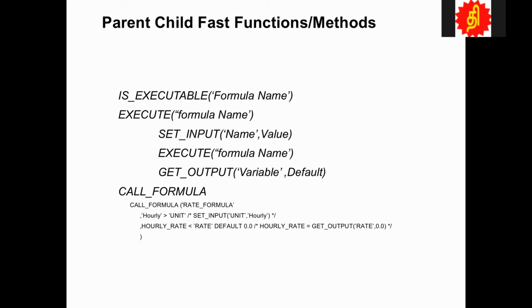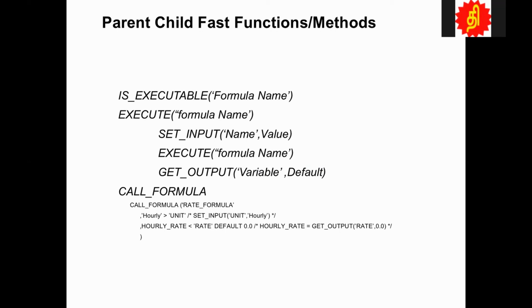Now you can call the formula in two ways: either execute or call formula. When you call execute formula, that's a three-step process. You can set some input variables. The input variable uses the same syntax used for setting the context too.